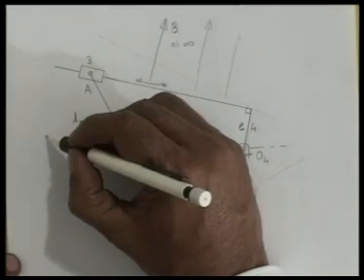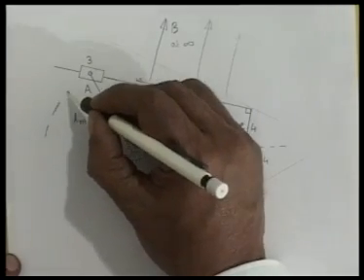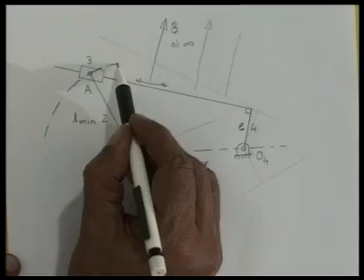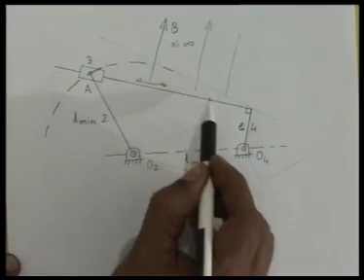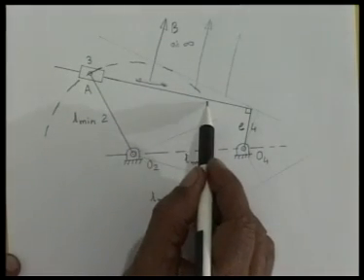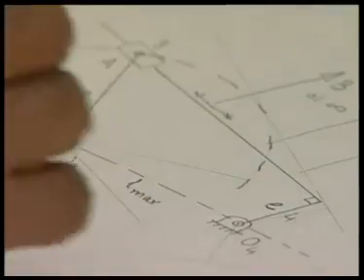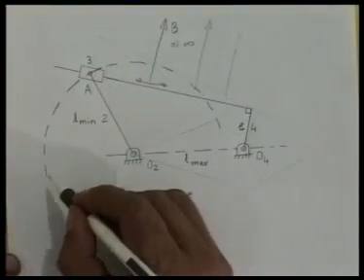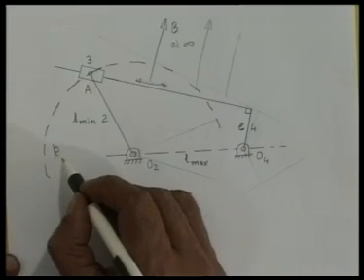And A must move on this circle, which is centered at O2, and radius O2A. This is the path of A. We call it KA.